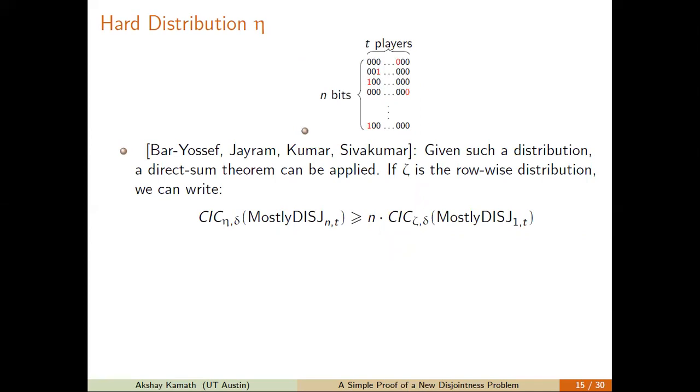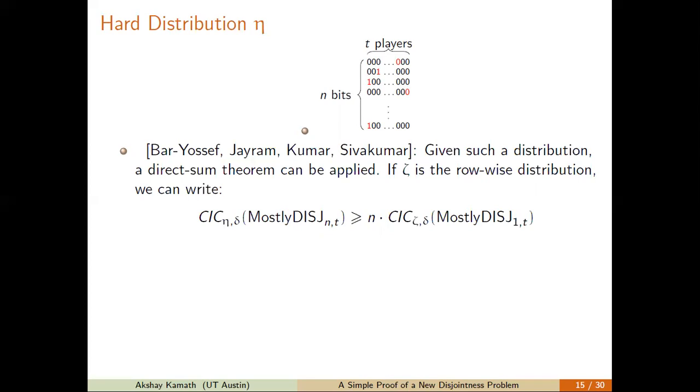So given that this hard distribution is a product distribution over the rows and within the rows conditioned on the choice of the auxiliary random variable, and also given the fact that mostly disjointness over n coordinates is just the OR of mostly disjointness applied row-wise, a direct sum theorem follows.